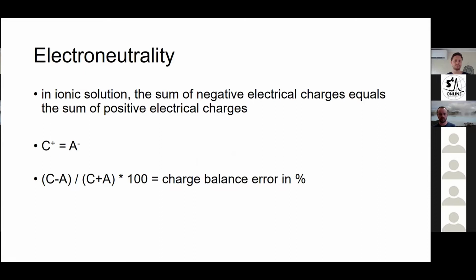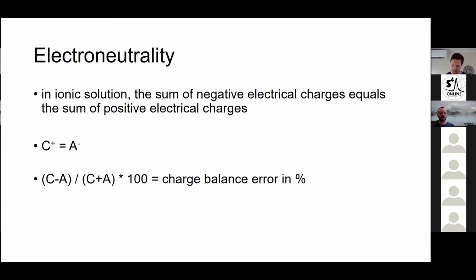So, an important foundational principle in aquatic chemistry is this concept of electroneutrality. It simply states that in an ionic solution, so water containing dissolved ions, which are like miniature charged species, the sum of the negative charges should equal the sum of the positive charges.